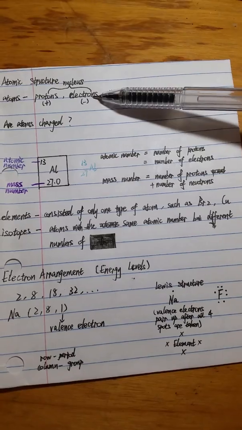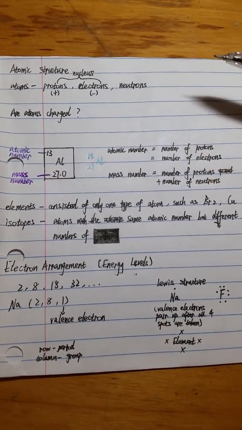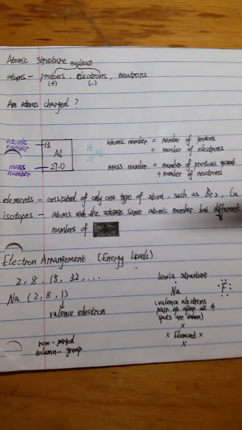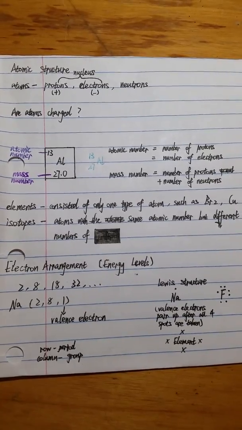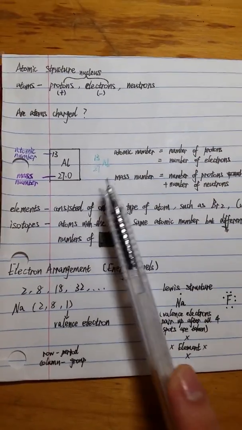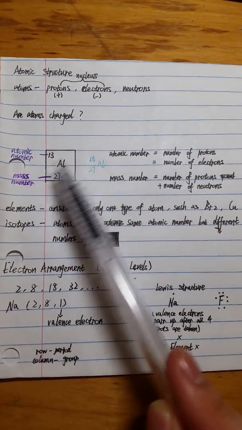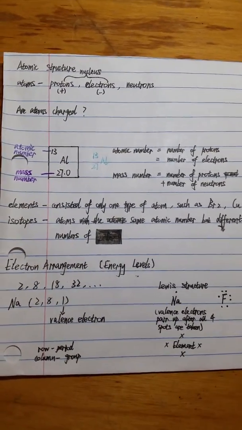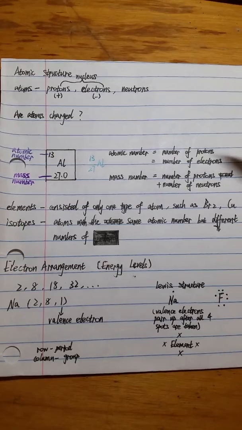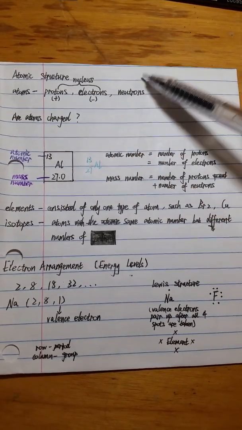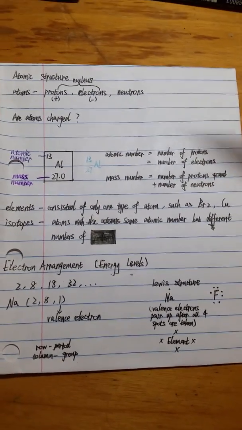Remember, from here, we said that the numbers of protons and electrons are the same. And here, 27.0 is aluminium's mass number, which is equal to the number of protons plus the number of neutrons.